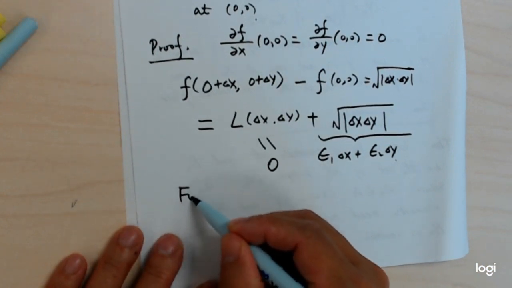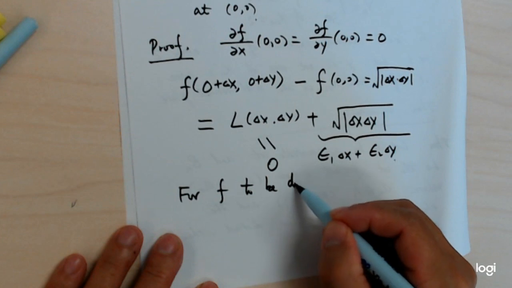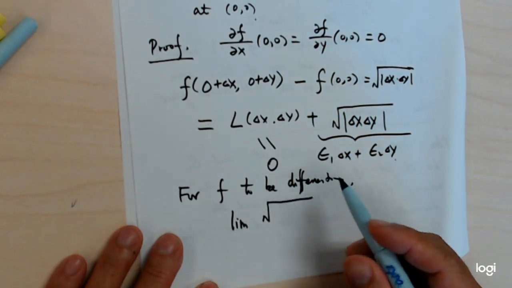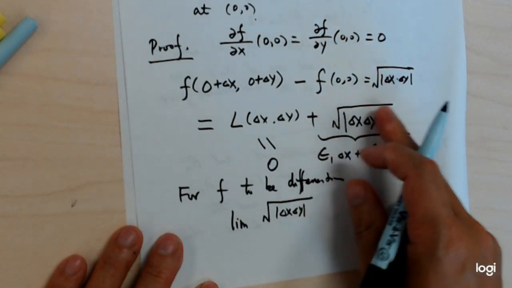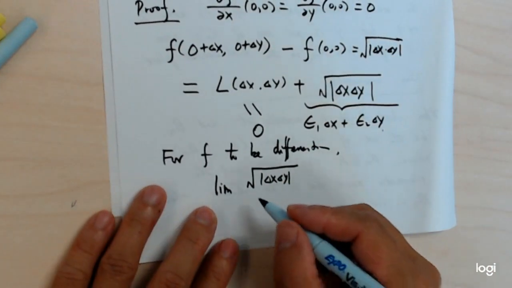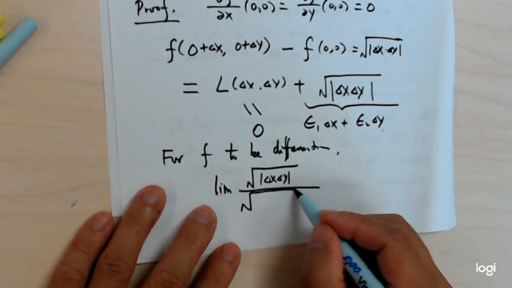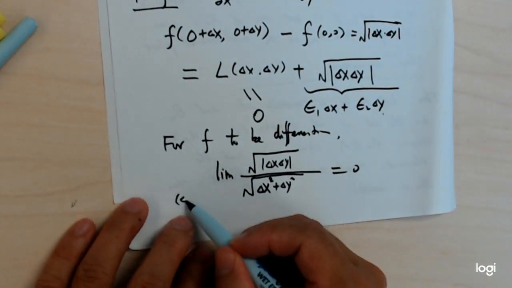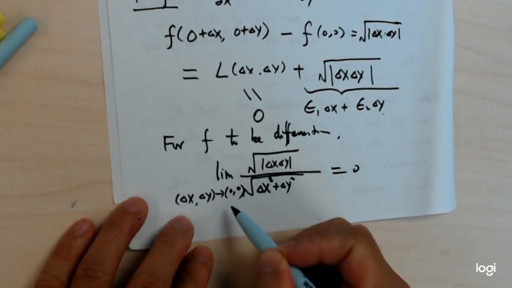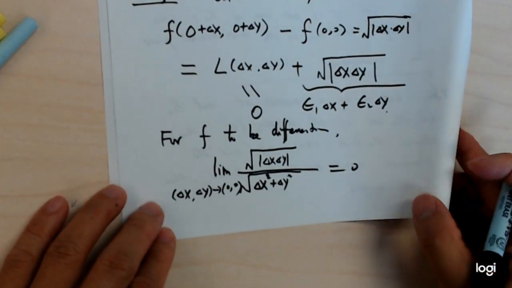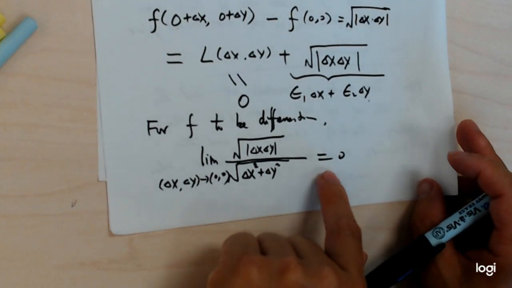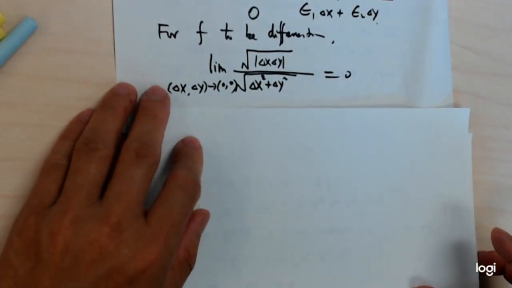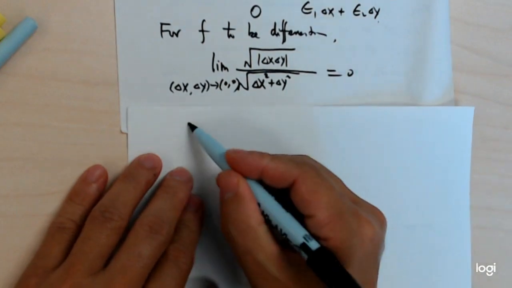But the thing here is this part needs to go to 0. So once again, for f to be differentiable, by definition, this higher order error over this needs to be 0 as delta x, delta y approaches 0, 0. So is that 0? Let's take a look.